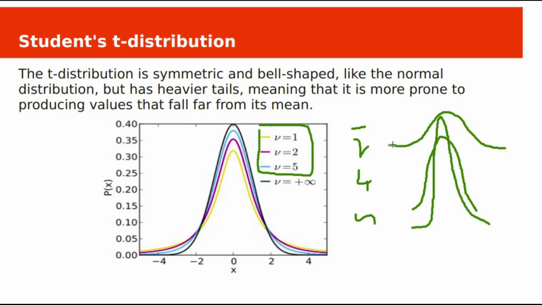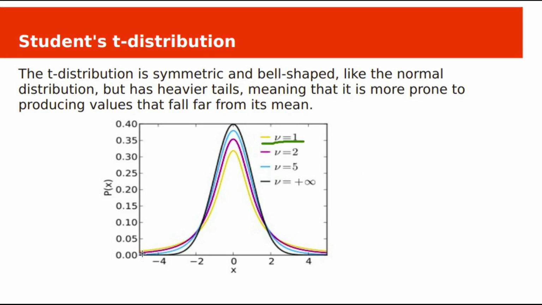Means when sample size is small, more tail area will be there, but when sample size is large, then tail area is very small. Like that, here also if sample size or degrees of freedom is small, the distribution has more tail area. For degrees of freedom 1, t-distribution will be like this, yellow curve.